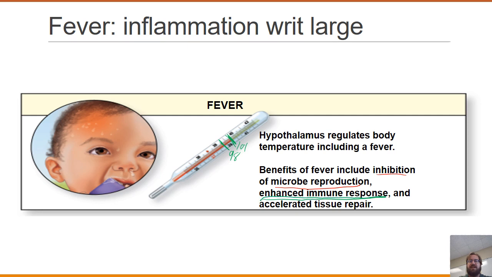Many of your immune cells actually operate faster and better at 100 degrees than they do at 98 degrees. And it accelerates some of the processes that cause tissue repair. So it can help you close those wounds a little bit faster and start getting the bad guys out of the way.